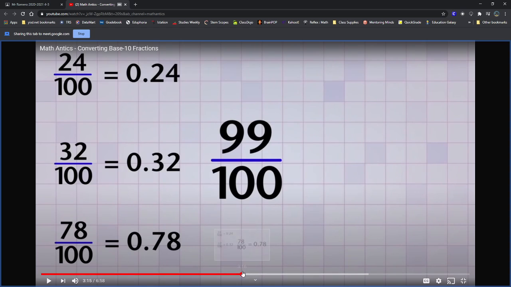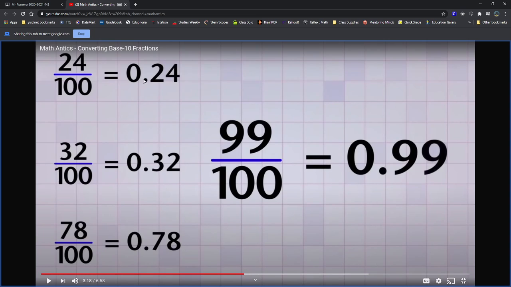Whatever number is the numerator is always after the decimal. 24 is the numerator. 24 goes after the decimal. 32 is the numerator. 32 goes after the decimal. 78 is the numerator. 78 goes after the decimal. Or 99 is my numerator. 99 goes after the decimal.